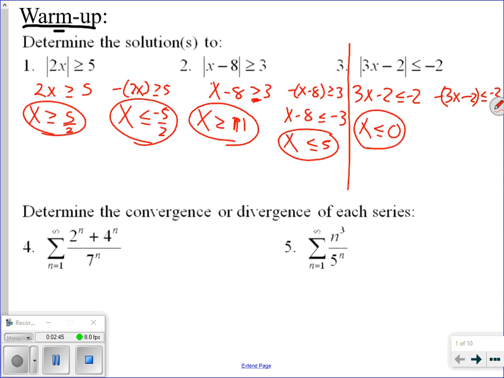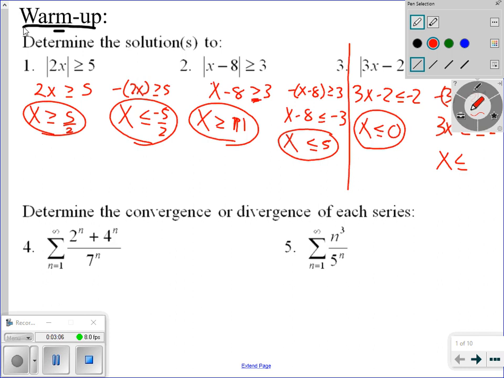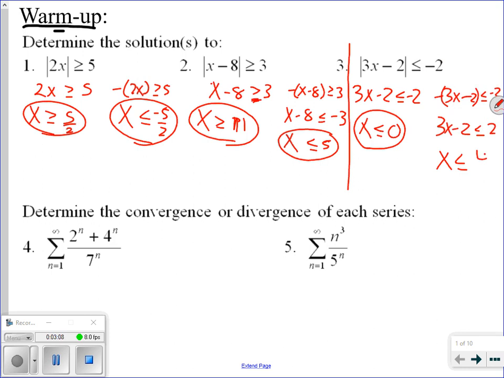And for the one on the right, we divide by negative 2, so we get 3x minus 2 is less than or equal to positive 2. Add 2 and divide by 3, we get x is less than or equal to... add 2 is 4, sorry. So that divided by 3 is 4/3.